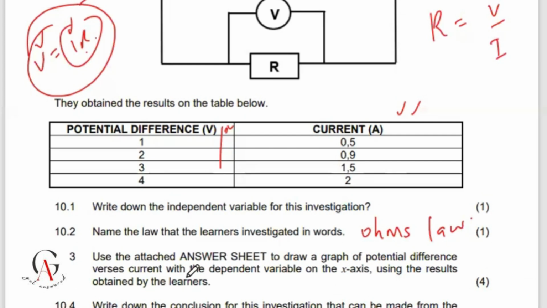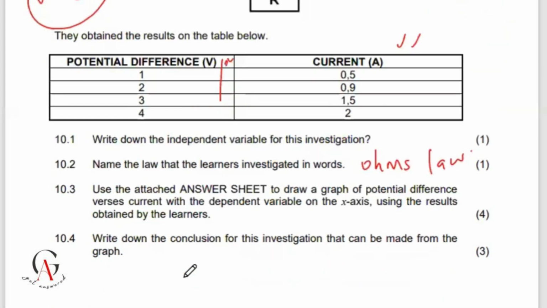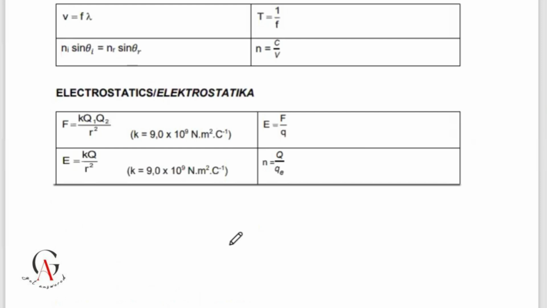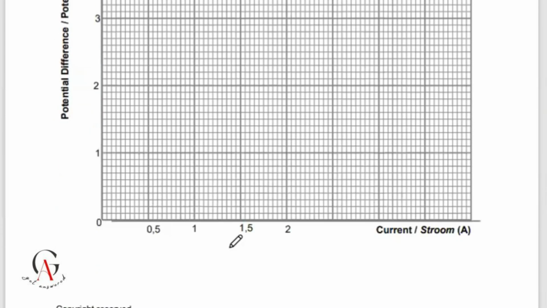All right, then 10.3, use the answer to draw the graph of the potential difference versus the current. So 0,5, 0,9, 1,5, and 2.